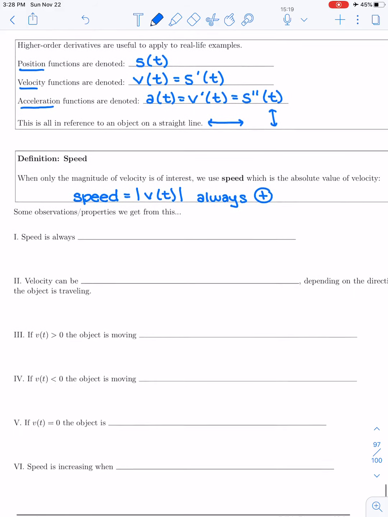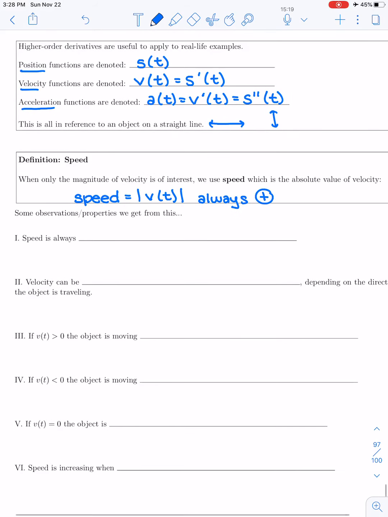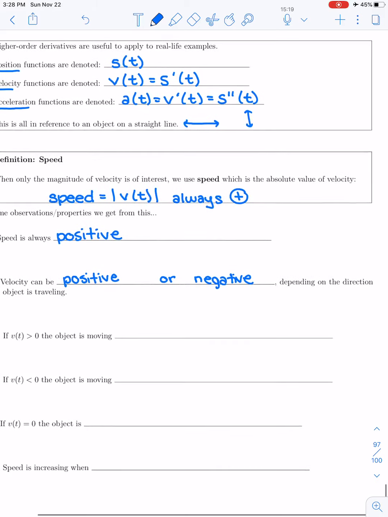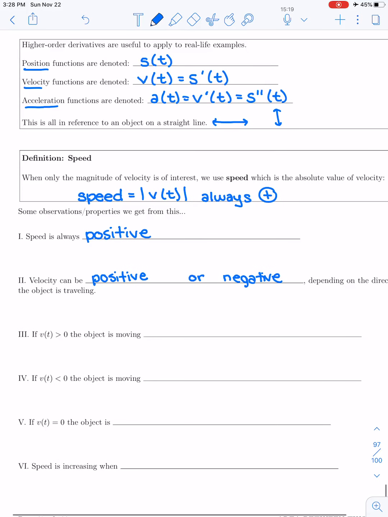So some observations or properties that we get from this is, again, speed is always positive, whereas velocity can be positive or negative, depending on the direction that the object is traveling.